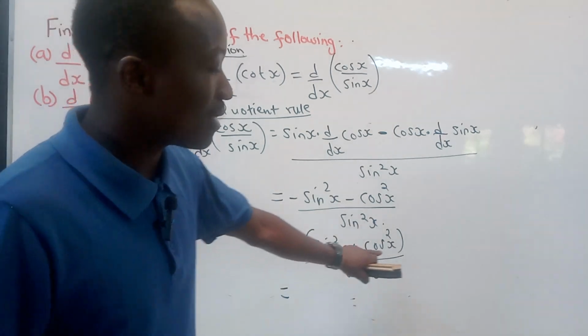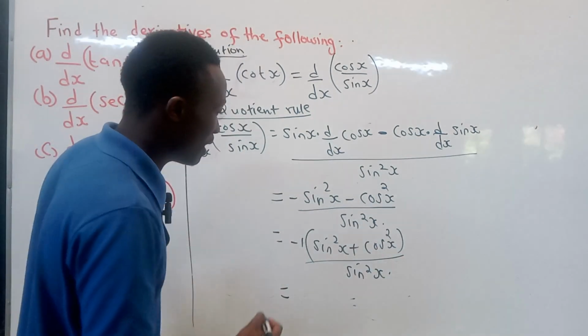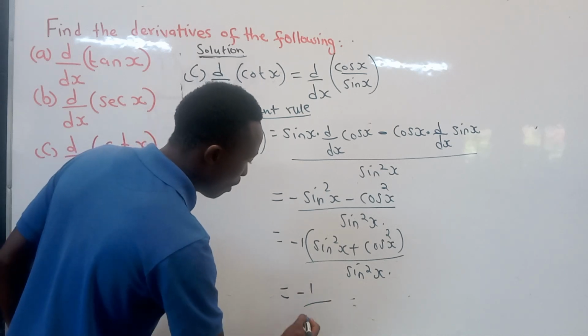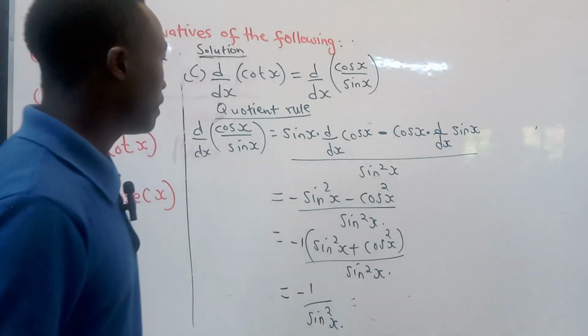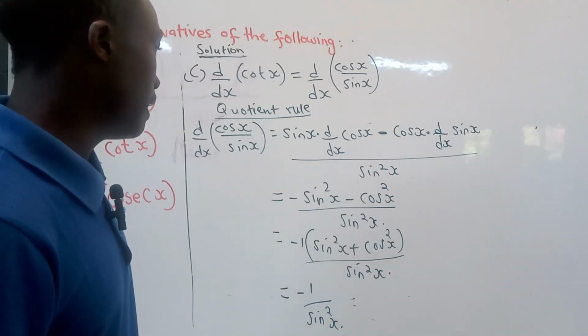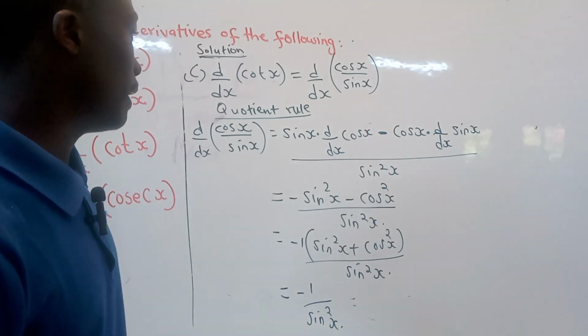Remember, this one is equivalent to 1. So that is the same as saying negative 1 over sine squared x.